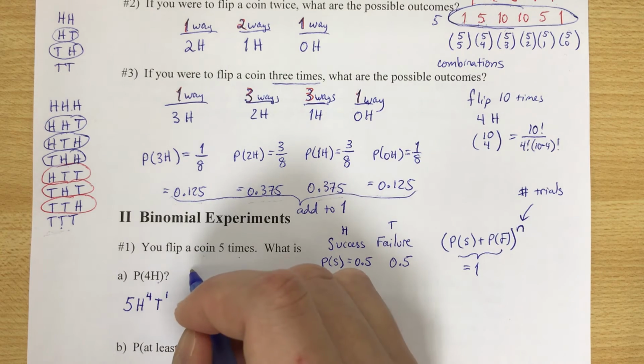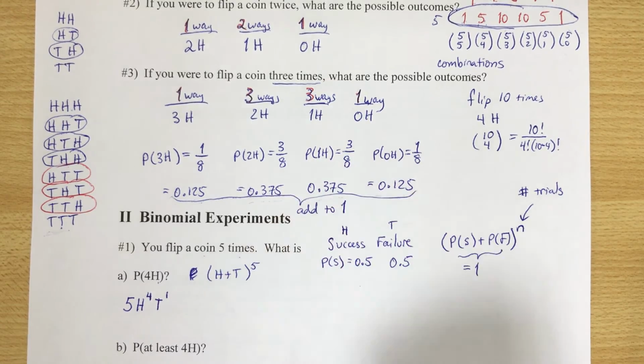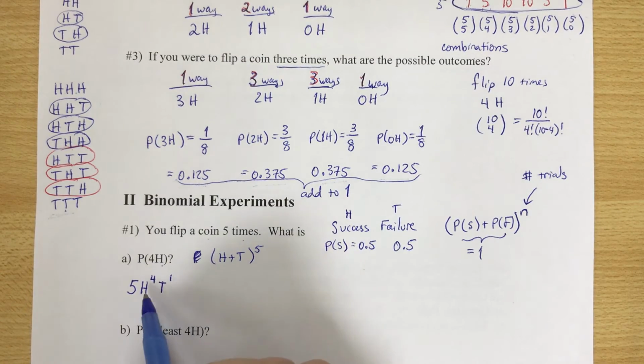We're going to flip 5 times, so this is how I'm thinking about it. If we get 5 times h raised to the 4th, 4 heads and 1 tails, there's going to be 5 ways to do that.